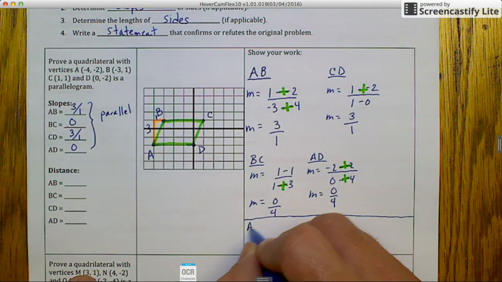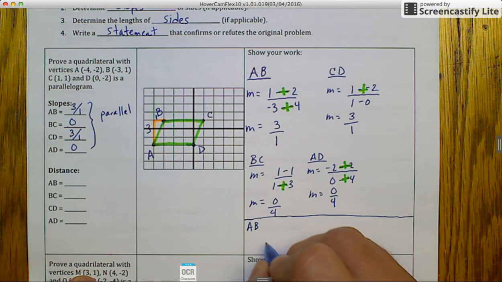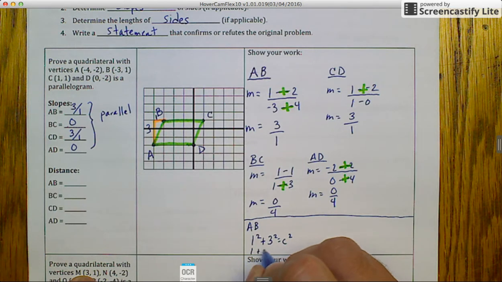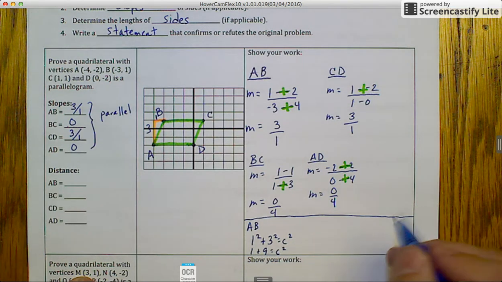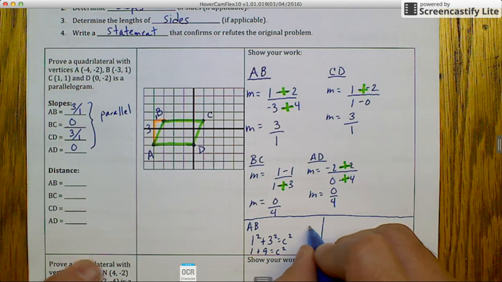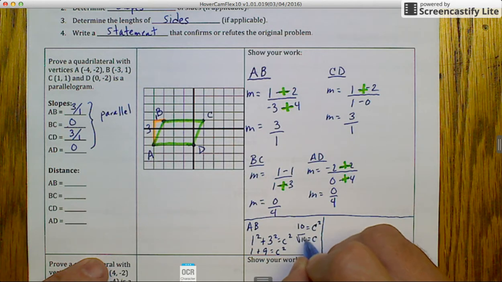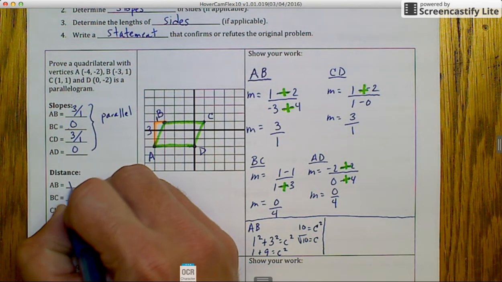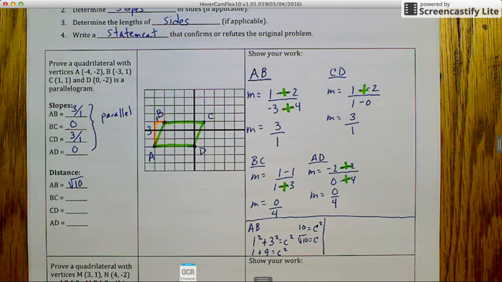So for AB, we have 1 squared plus 3 squared equals c squared. That would be 1 plus 9 is equal to c squared. Sorry, I'm running out of space here. It's going to be a little bit messy. That would be c squared is equal to 10. C is equal to the square root of 10.